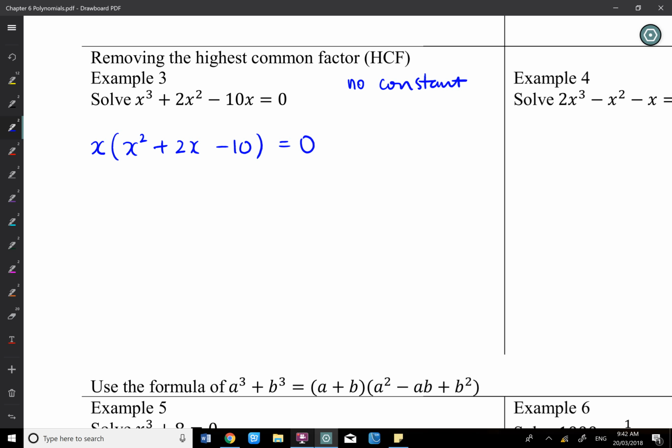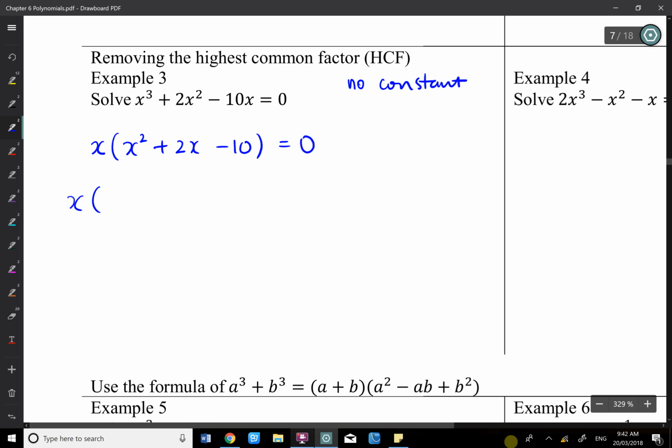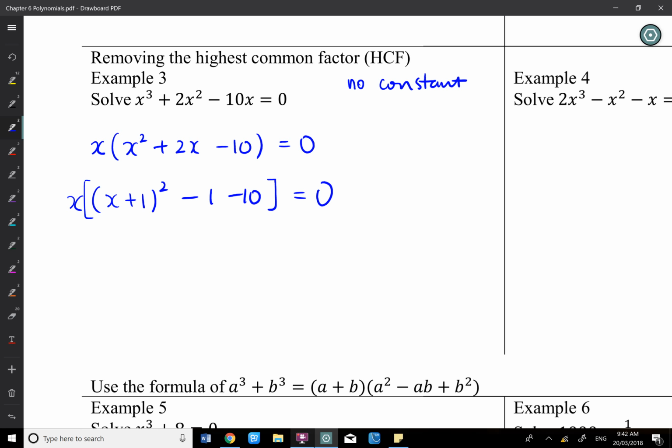Can I factorize that further? Yes, I can factorize that further. So what I can do is this will become x plus 1 squared minus 1 and then minus 10 equals to 0. Well, x squared plus 2x plus 1 minus 1 and then minus 10.